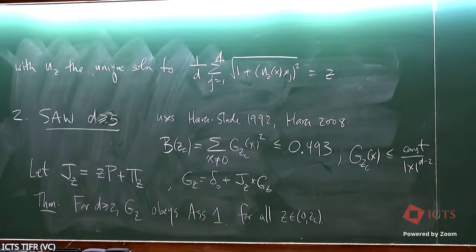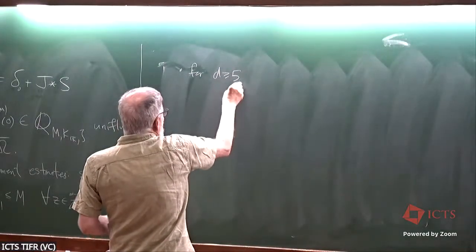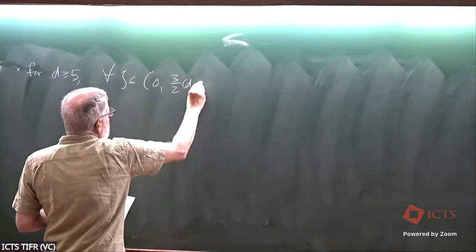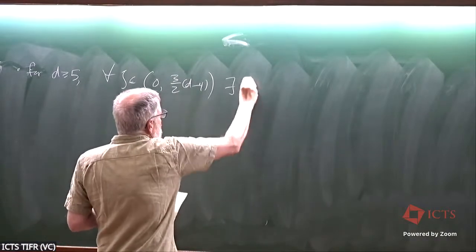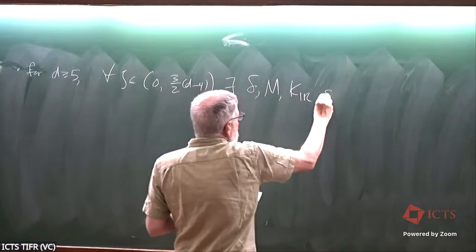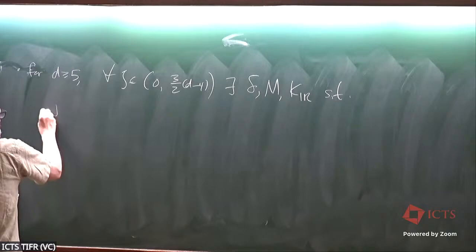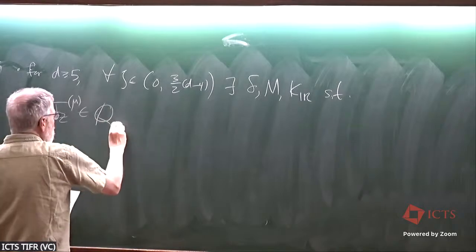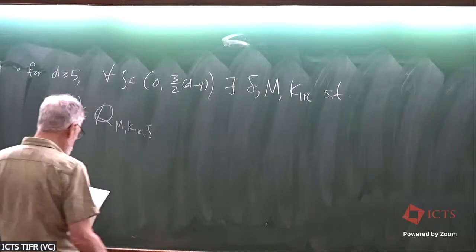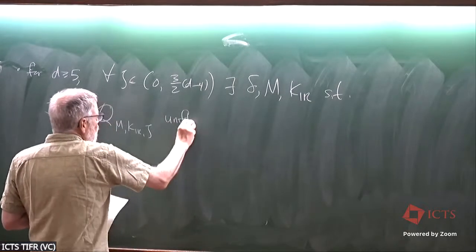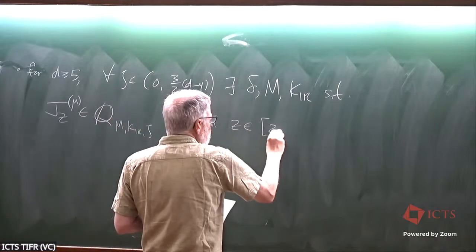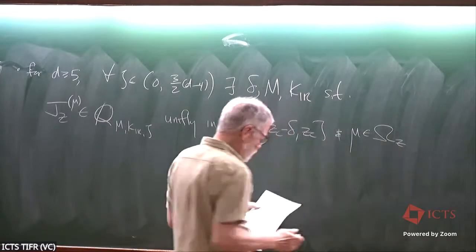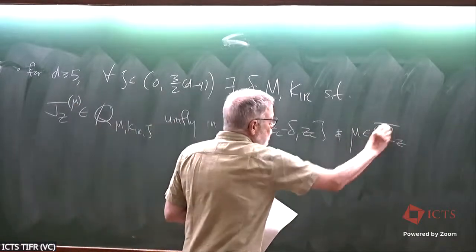And for d greater than or equal to 5, for every zeta between 0 and 3/2 of d minus 4, there exists a delta, an M, and a K_IR, such that J_z mu is in the space Q(M, K_IR, zeta), uniformly in z close enough to z_c, and mu in the closure of omega_z bar.